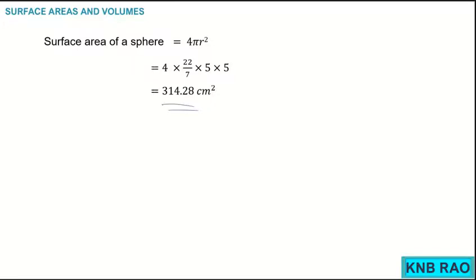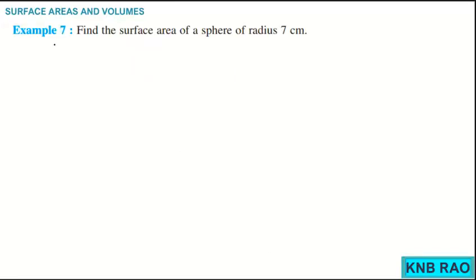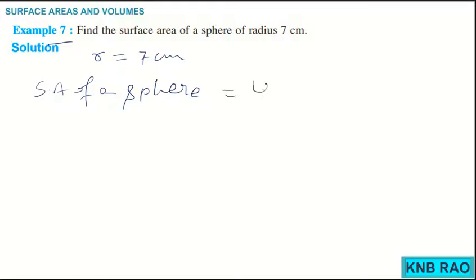Now, let us go for textbook example number 7. Find the surface area of a sphere of radius 7 centimeter. See, in the solution, here we have got 7 centimeter as the radius, which means I can find the surface area of a sphere using the formula 4 pi r square, which means 4 into 22 by 7 into 7 into 7.